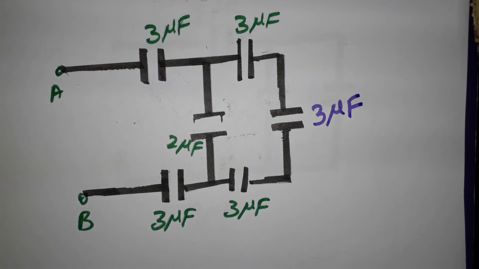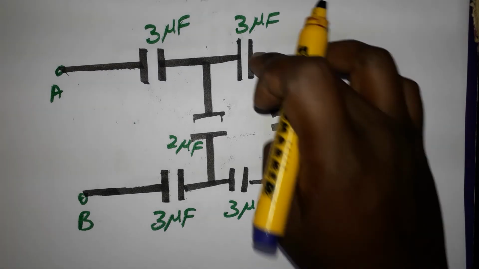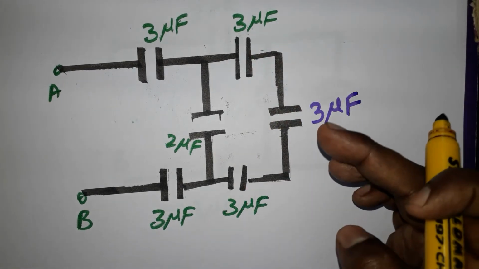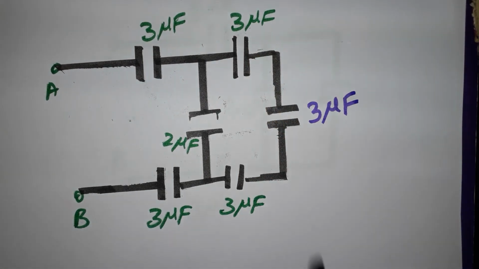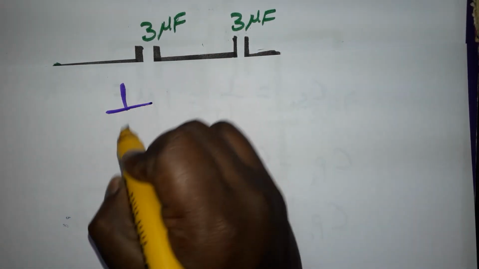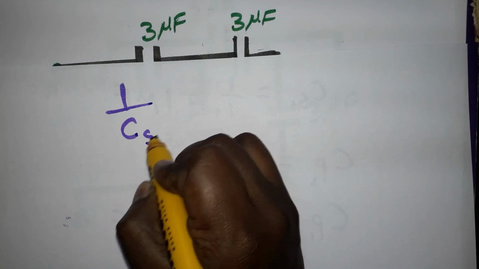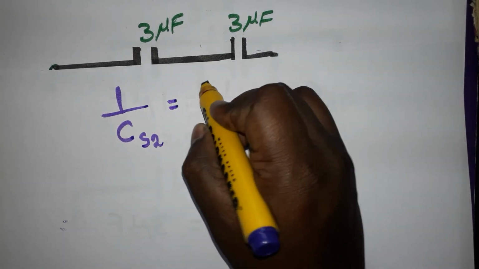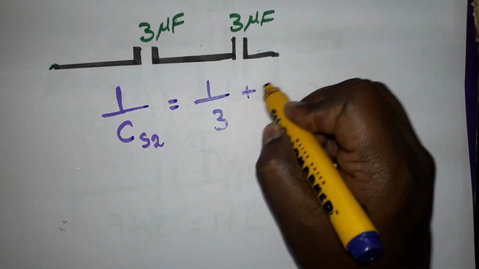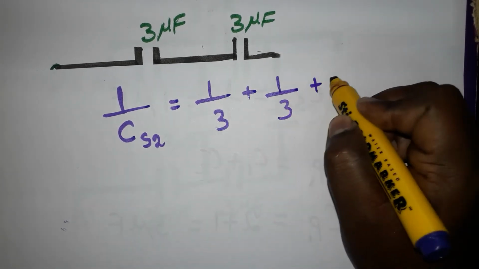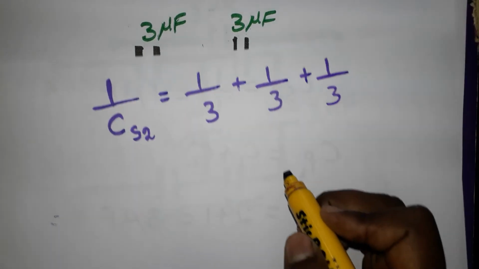Now see here, these 3 are in a series again. Before we saw it came 3, 3, 3. So now in series, 1 by CS2 is the second solution: 1 divided by 3 for C1, 1 divided by 3 for C2, 1 divided by 3 for C3.